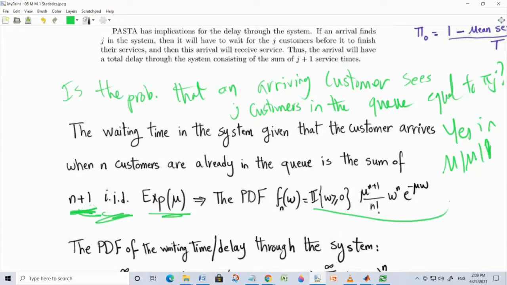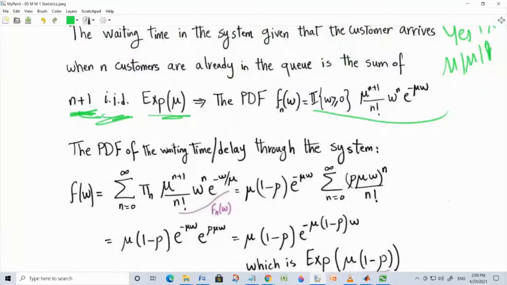Now, this is conditioned on having n customers already there. If you want the unconditional PDF, what you need to do is take this conditional PDF and multiply it by the probability that there are n customers, which is pi n in our case. Again, because of this PASTA property, from the point of view of a new arrival, what is the probability of encountering j customers already in the queue?